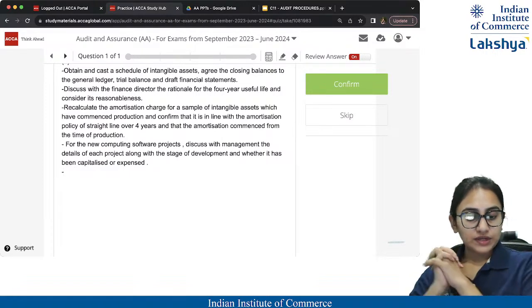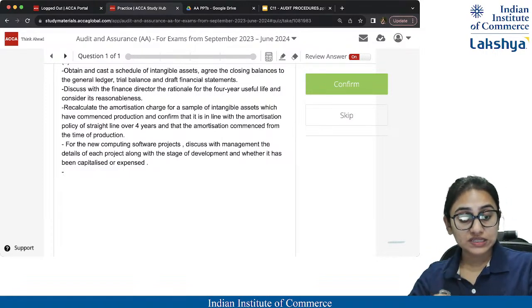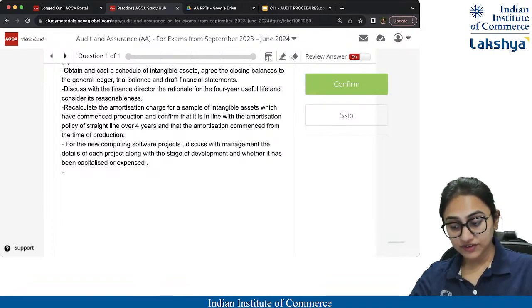Then for those capitalized it's okay, but for those expensed as research, agree to the supporting documentation that you have expensed those.